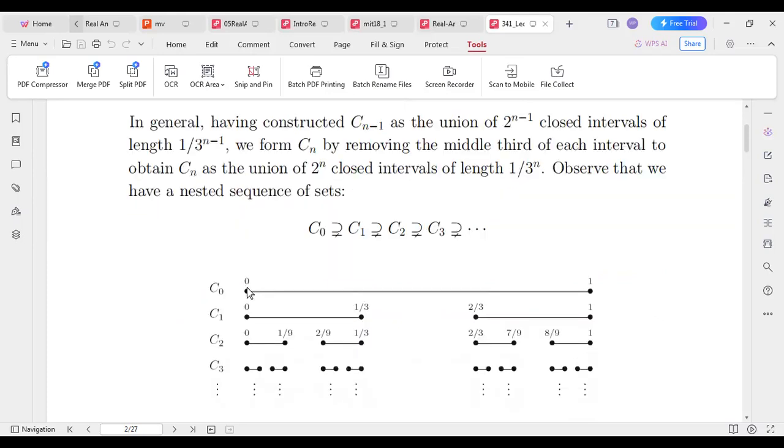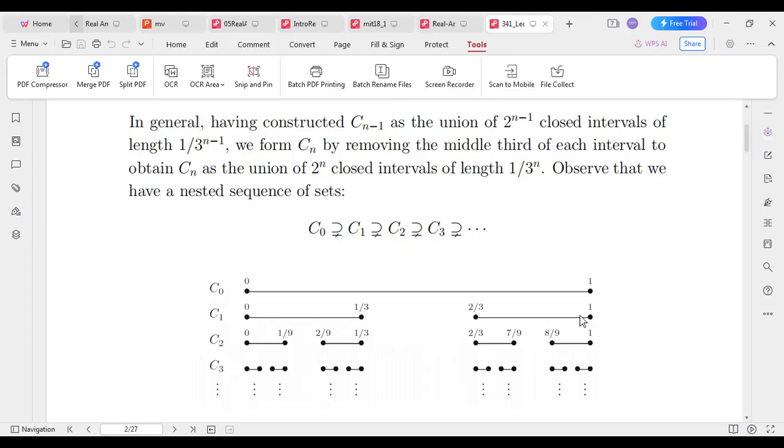So C naught is the closed interval [0, 1], and C1 is made of two closed intervals [0, 1/3] and [2/3, 1]. C2 is formed from [0, 1/3]; we are taking another two closed intervals [0, 1/9] and [2/9, 1/3], and also within [2/3, 1].